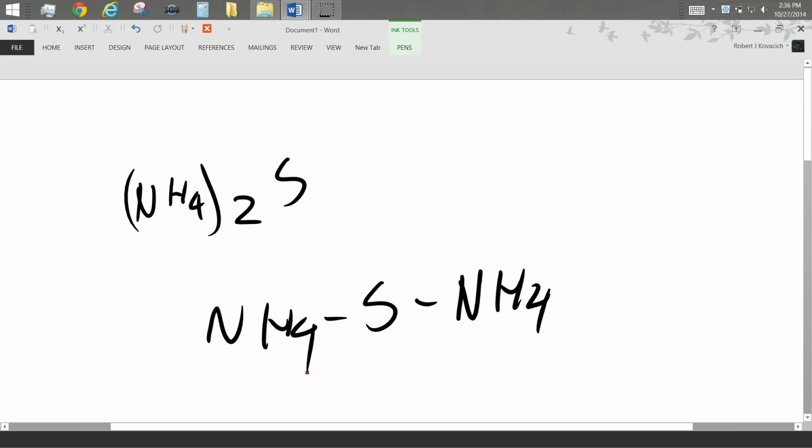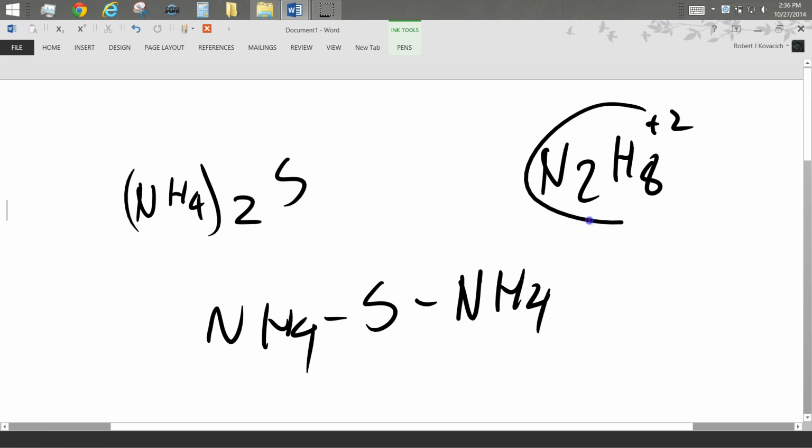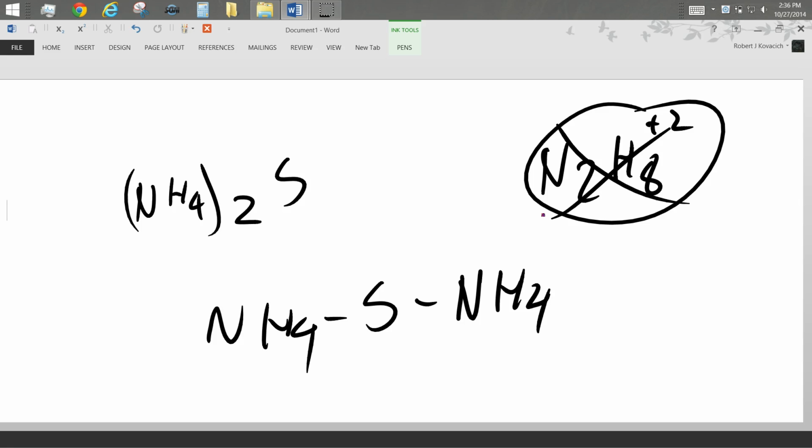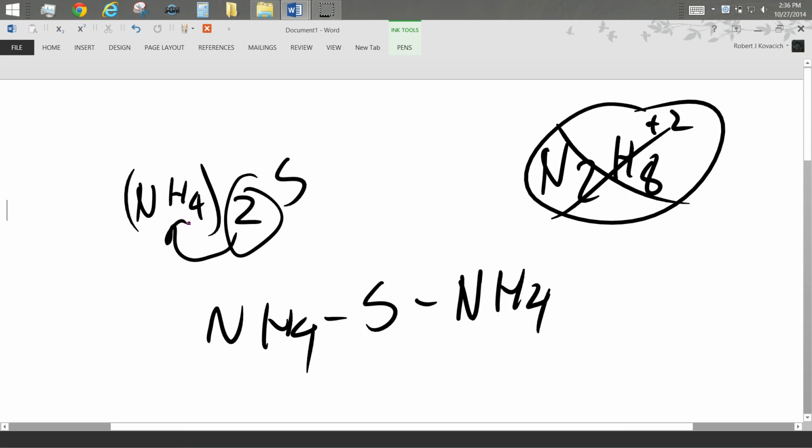It is not bonded to an N2H8 with a +2 charge. This thing here doesn't exist. It's two whole separate polyatomic ions. They're the same polyatomic ion, but they are absolutely separate things. And so then that parentheses, what we're saying with this 2 is I've got 2 of those things that are inside of that. So yes, there are 2 nitrogens and 8 hydrogens there, but they are connected in an N with 4 hydrogen manner.